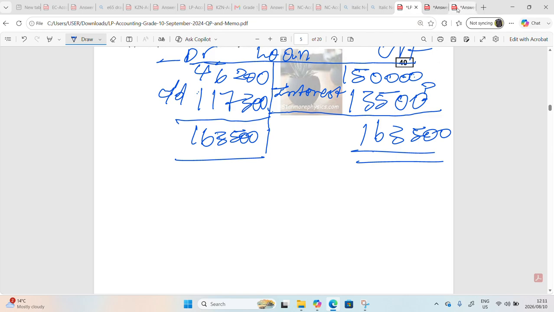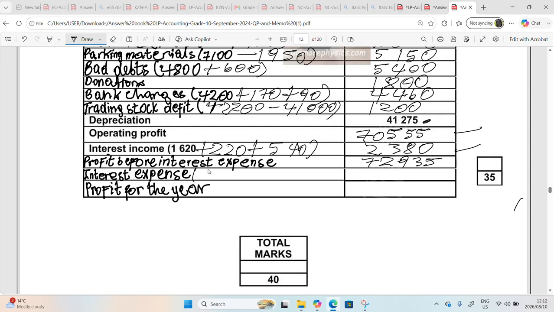Here's what you will do. You take the debit side. You say you took the debit side of how much? Repayment of 46,200 plus your closing balance of 117,300, you minus your opening balance of 150,000, and then you should have your interest of 13,500.